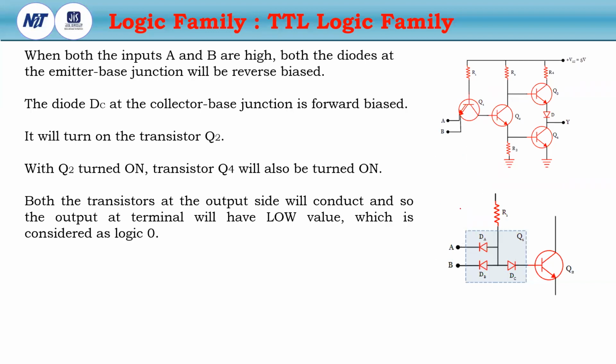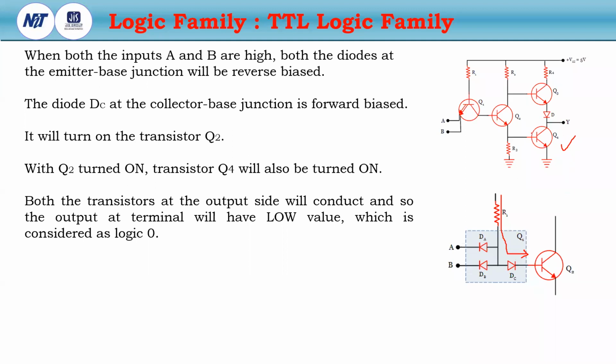Now when this is 1, 1, then what happens? Then DA and DB are in reverse bias. So the diode DC will be in forward bias. The current will flow like this. So then what happens? The transistor Q2 will be turned on, in saturation, and it will drive the transistor Q4.